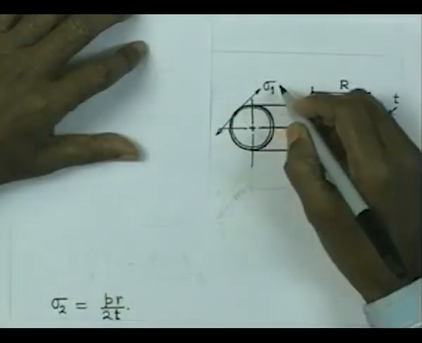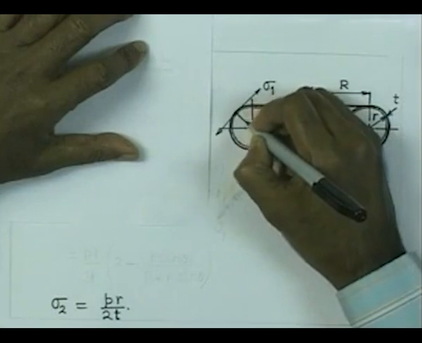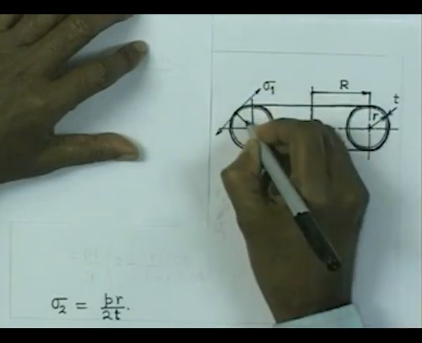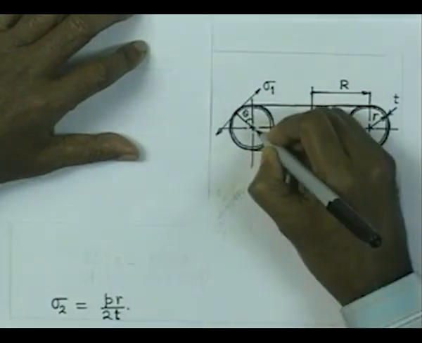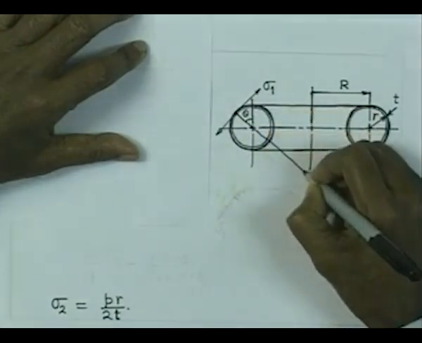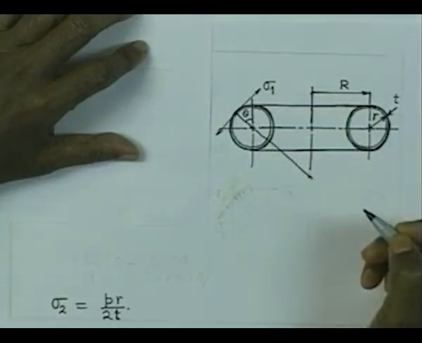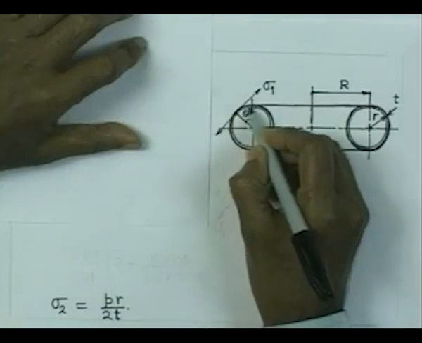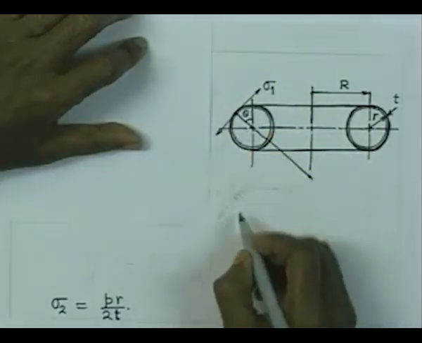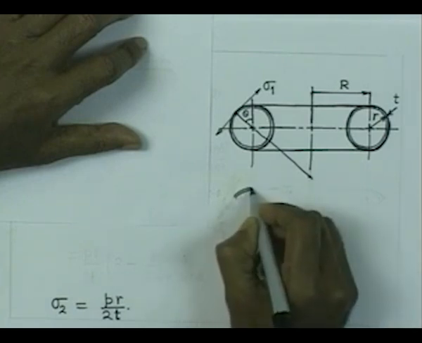We will calculate this stress, and let us concentrate on this point, which is making an angle of theta with the vertical, and if I extend it, this will intersect here. If I now concentrate on this portion of the material, we expect the stress in the axial direction.